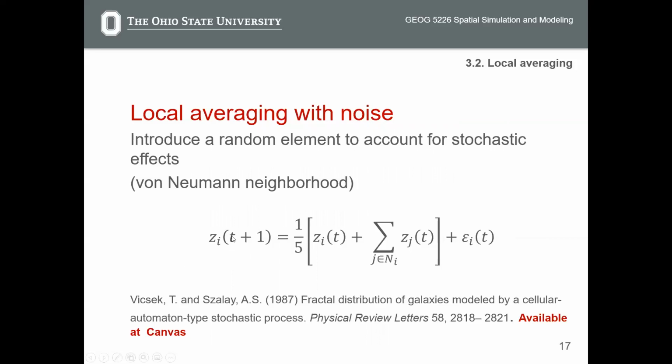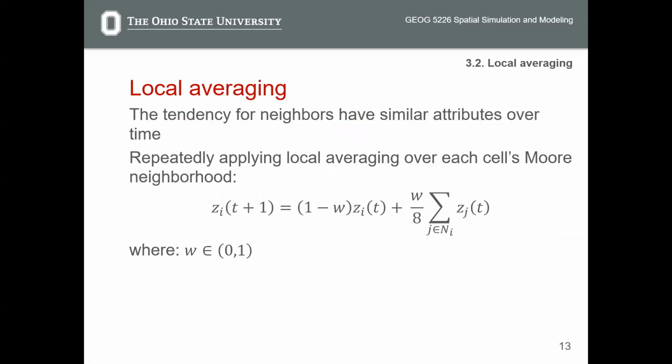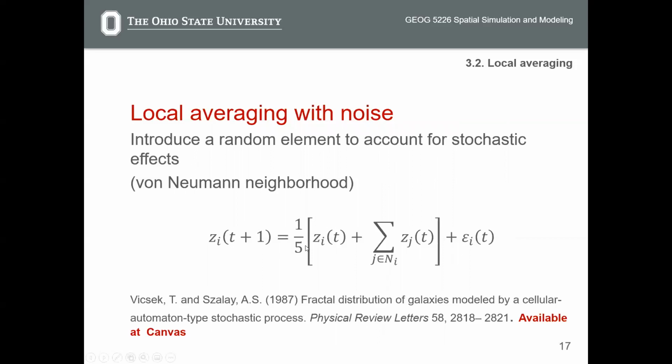You can see the form of this formula is very similar to the previous one. But the difference is that, firstly, the denominator is 5 instead of 4. Why? Because in this huge bracket, the cell itself is also included. So it has 4 neighbors, Zj, and itself.